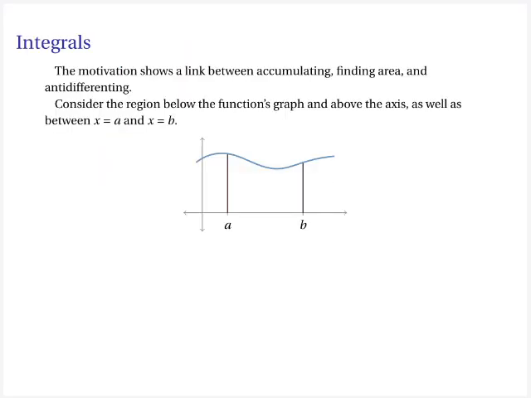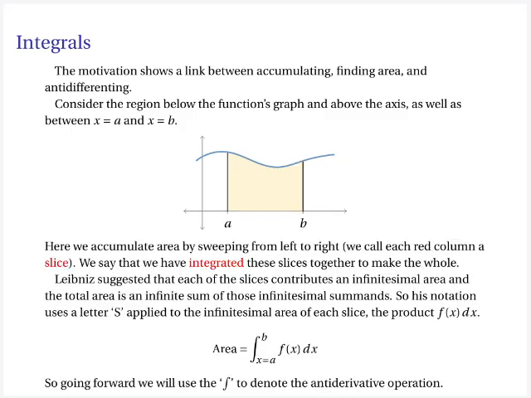So that previous slide shows a link between accumulating, finding area, and antidifferentiating. So here, for example, if I look at the region below the function's graph and above the axis, this region in here, what we will think about doing is accumulating that area. So we will think about sweeping from left to right here, and accumulating together all of the area we're interested in.